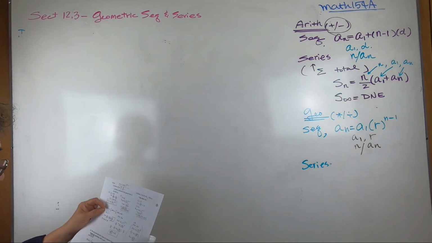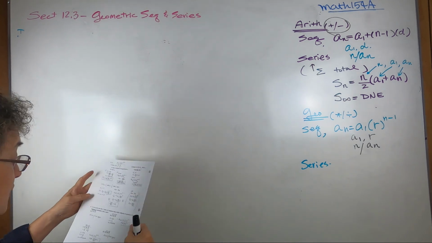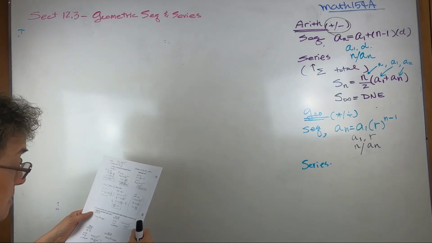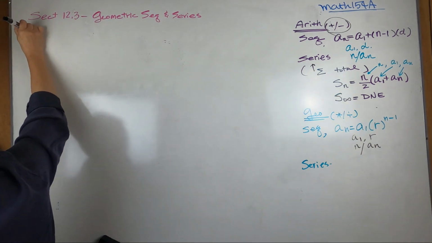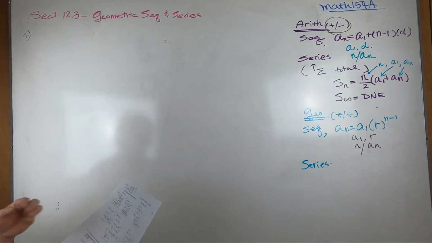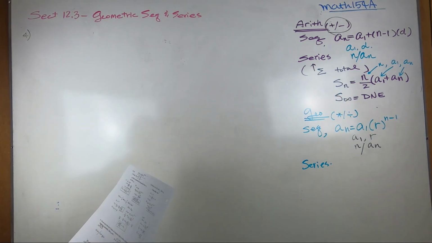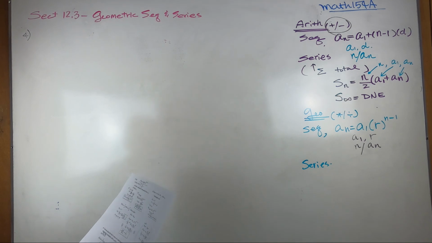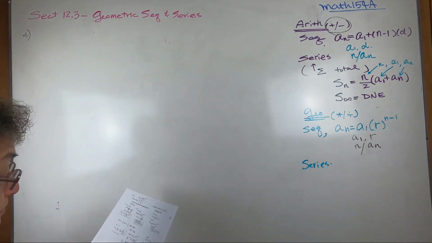So let's see. If we give you the first 3 terms of a sequence on your page 63, okay? It says you have to decide whether it is arithmetic or geometric sequence first.